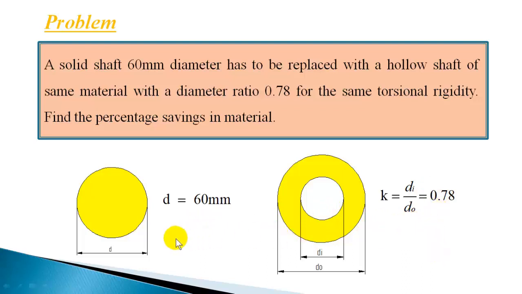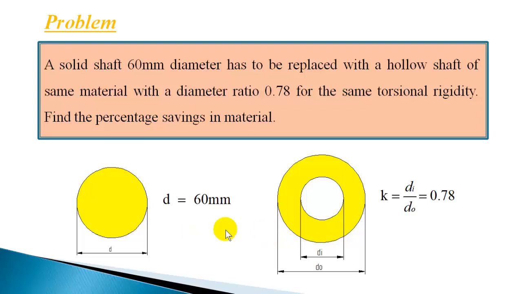You have to only equate the J values. If the J values are equal, both the shafts will have the same torsional rigidity. And if the lengths are also equal, the replaced shaft will have the same torsional stiffness also.